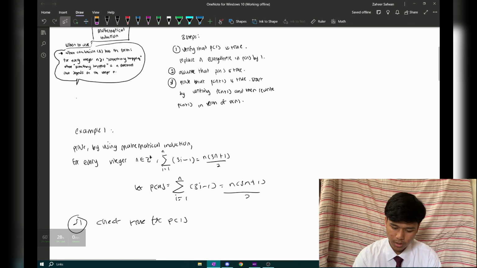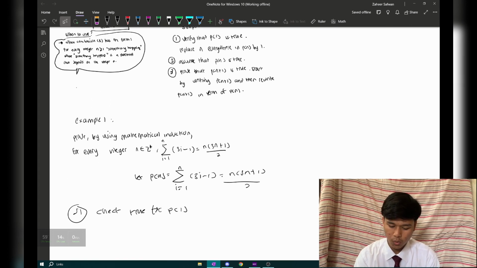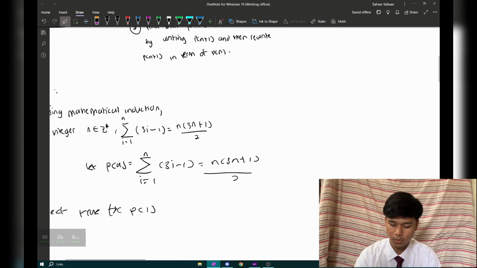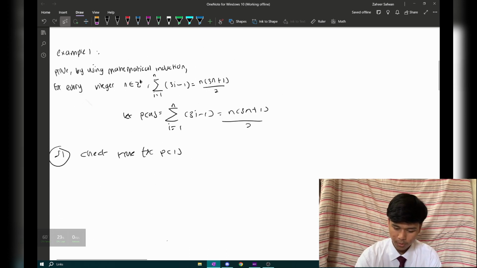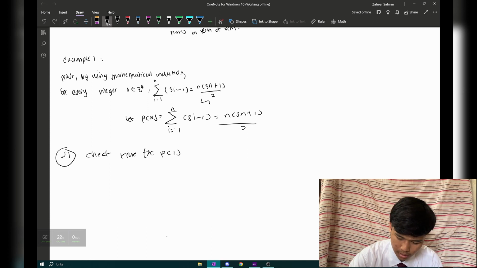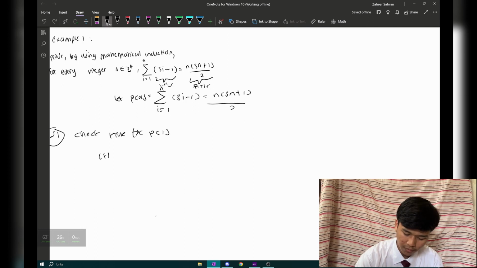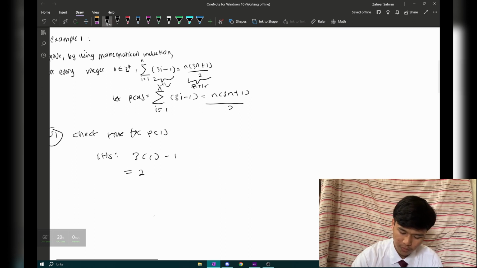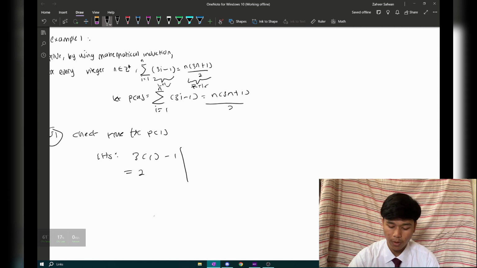For this step, we just substitute 1 into the equation. We assume that one side is the right hand side and the other is the left hand side. For left hand side, we substitute i equal to 1 and we get 3(1) minus 1 equal to 3 minus 1 equal to 2. This is for left hand side, and then second we compare with right hand side.